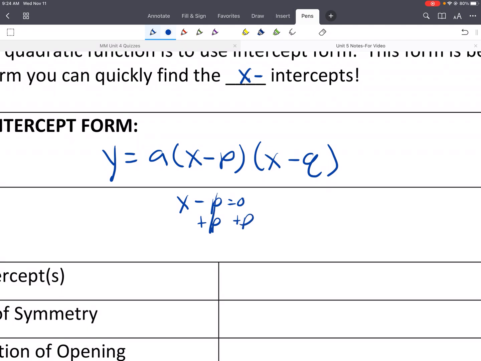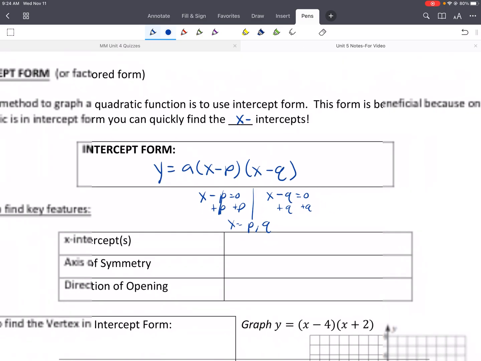So one of our solutions, or one of our x-intercepts, would be p. And then we would do the same for the other parenthesis: x minus q is equal to 0, and we would add q to both sides, and we'd say that x is q. So the x-intercepts are the solutions, p comma q.